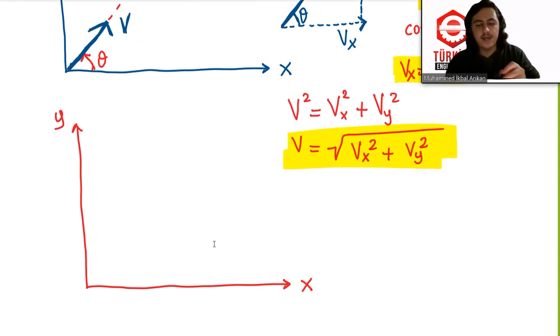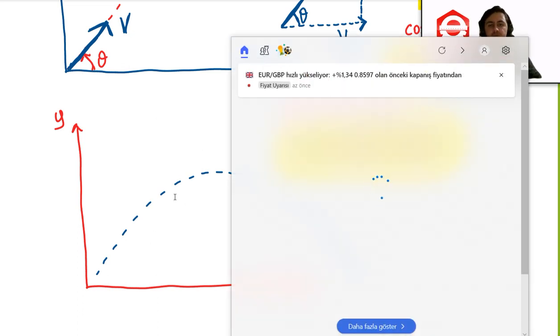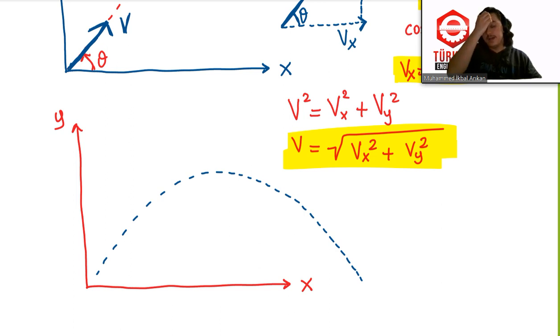What about if I have a curved path? Okay, I will have a different path now. This is my path. In this case, the direction of the vector will be different at any point.